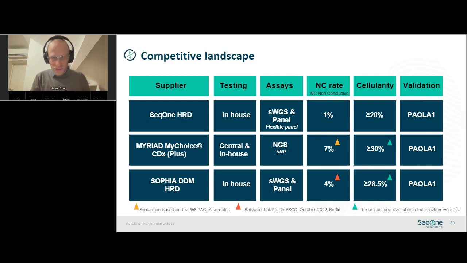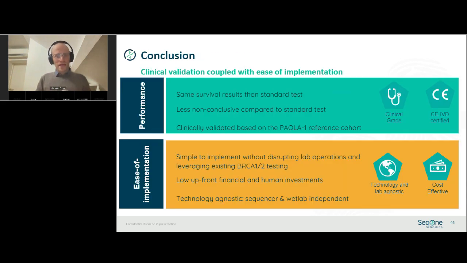So in conclusion, we have shown that with SeqOne, we have the same survival result compared to the standard test. We have fewer non-conclusive results compared to the standard test because we can handle smaller values of cellularity. And we have clinically validated SeqOne HRD using the PAOLA-1 reference cohort. It's a solution which is easy to implement for pathology and biology labs.